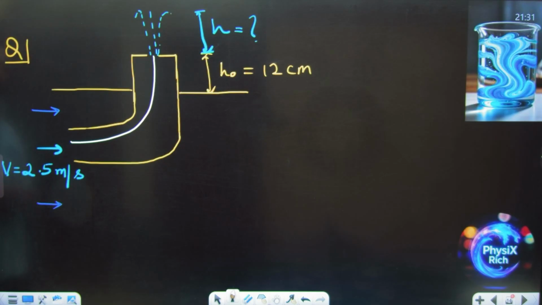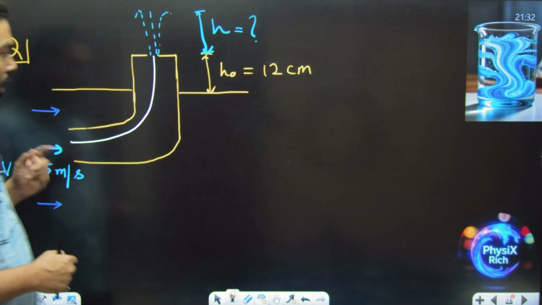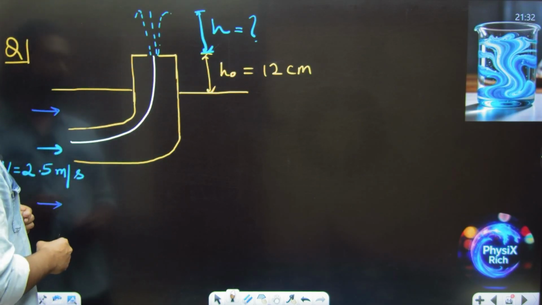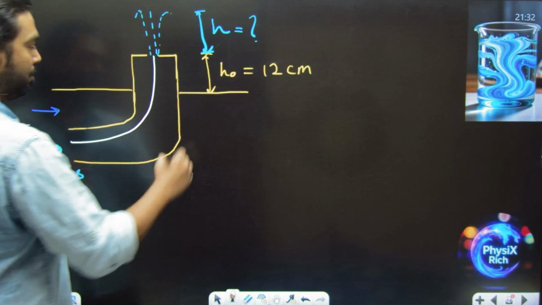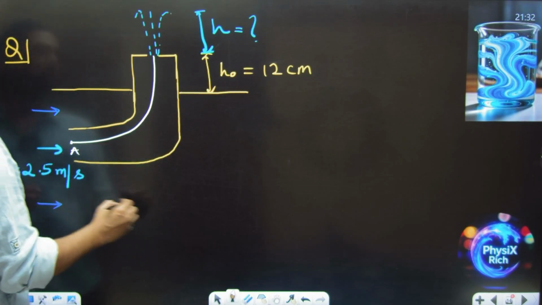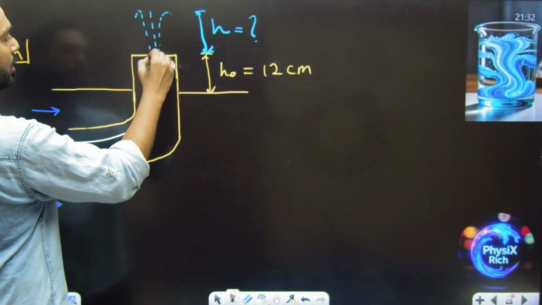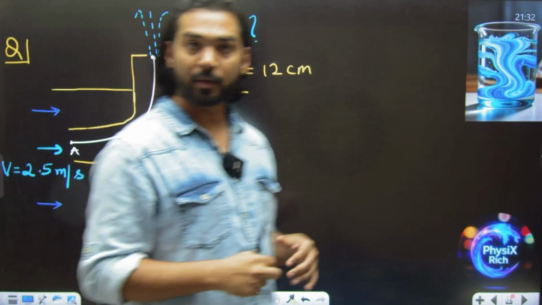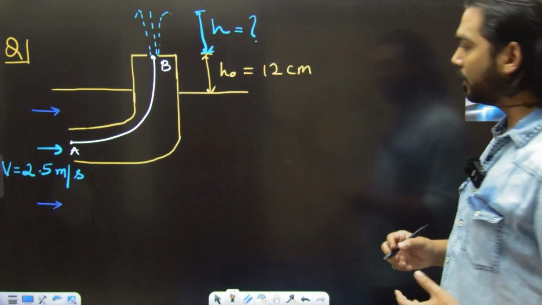Now, in this streamline, let's call this point A and let's call this point B. Let's apply Bernoulli's equation between point A and B. So what can we say?